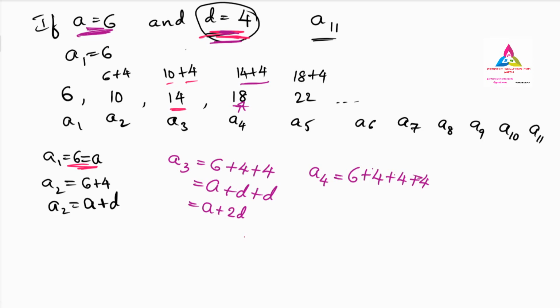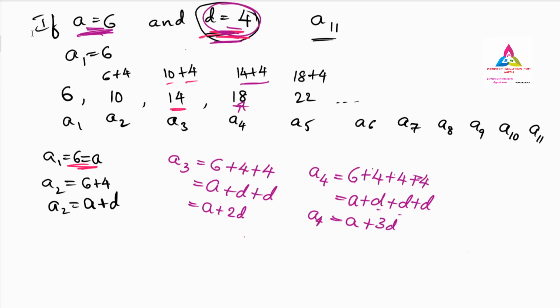So 6 refers again to a, the first term is a. The 4 is nothing but d. Again we have 4, again d. So a plus how many times d? 1, 2 and 3, so 3d. So a4 can be written as a plus 3d.